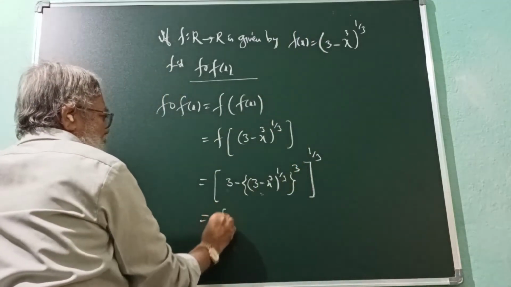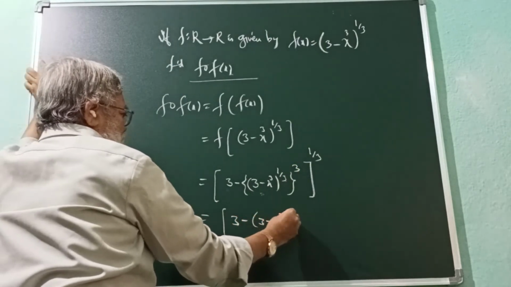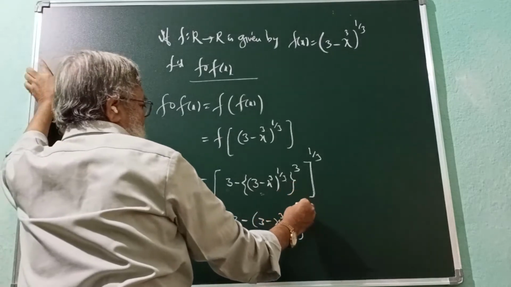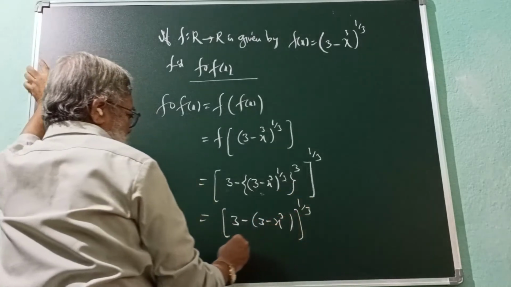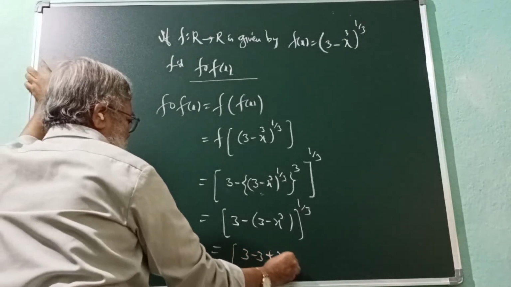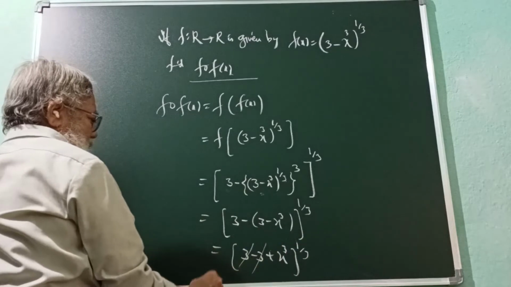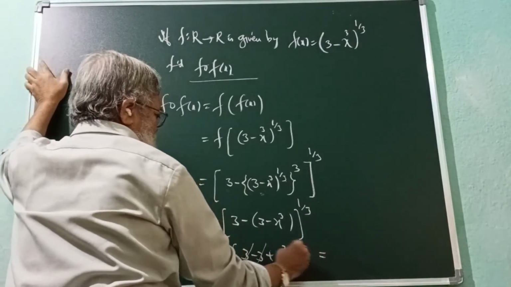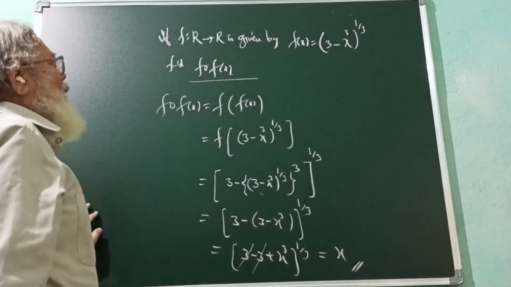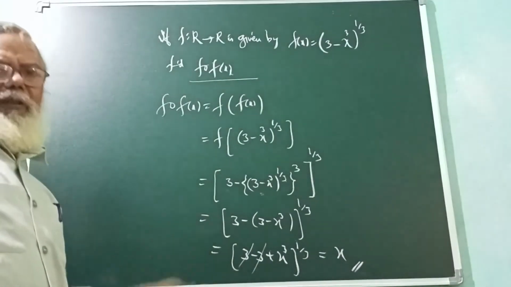What we get is 3 minus x, whole raised to 1 by 3. Now we can write 3 minus 3 plus x cube raised to 1 by 3, and 3 minus 3 gets cancelled. You can see this 3 cancel. The answer is x. That is f composition f of x is equal to x. Many times this problem has been asked in the examination.